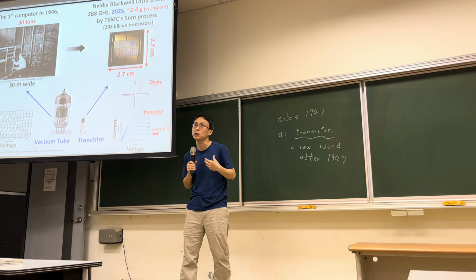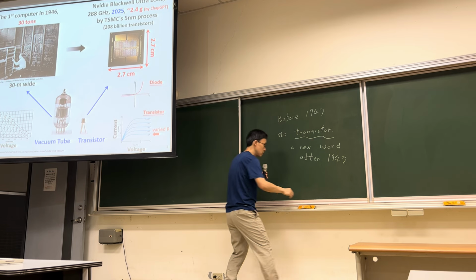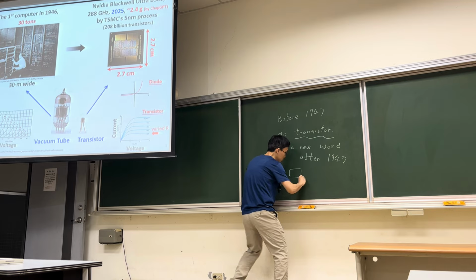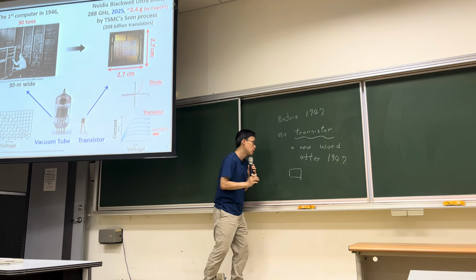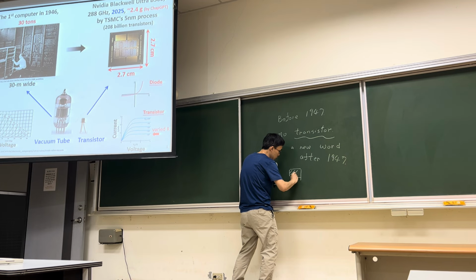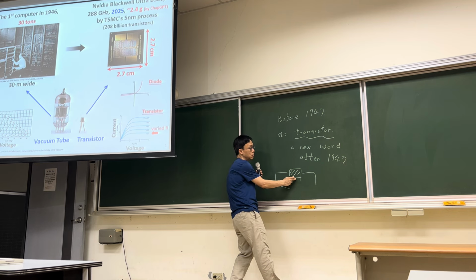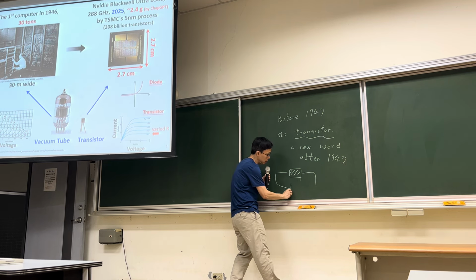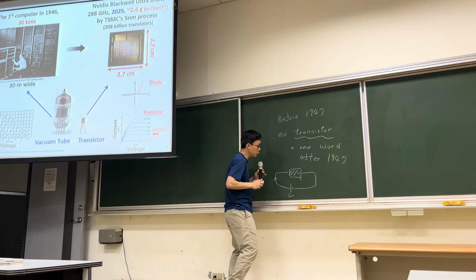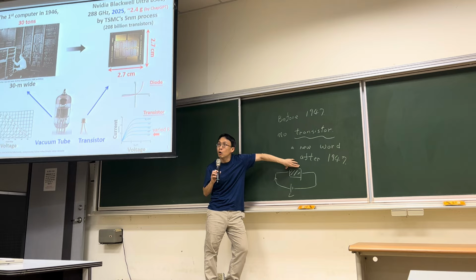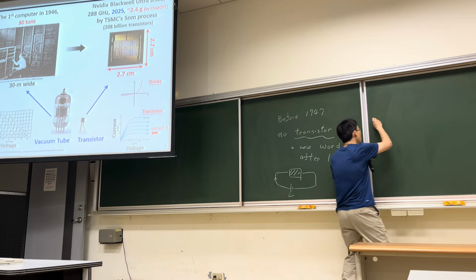He wanted to see if it is possible to make something with controllable resistance, okay? So this is the ideal device he was trying to make. This is the voltage, and usually you can only have a resistance, right? If it is a resistance, the IV curve will go like this.